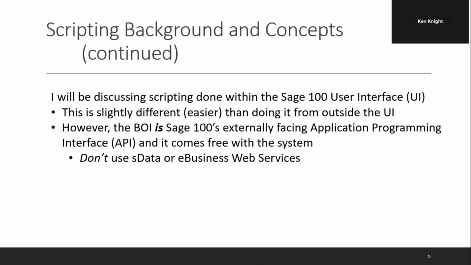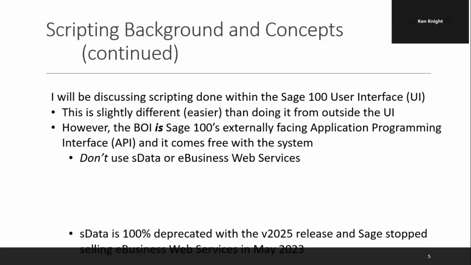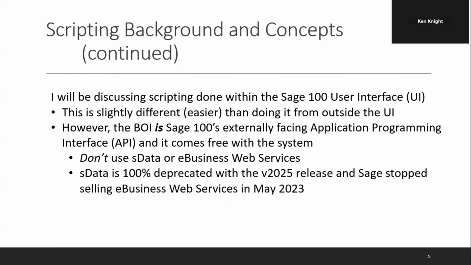Don't use SData or eBusiness Web Services. That's what you do. Neither of those are the actual API for connecting to Sage 100 from outside the program. And they both have issues. SData is 100% deprecated with the 2025 release of Sage 100 that's due out in April or May of next year.